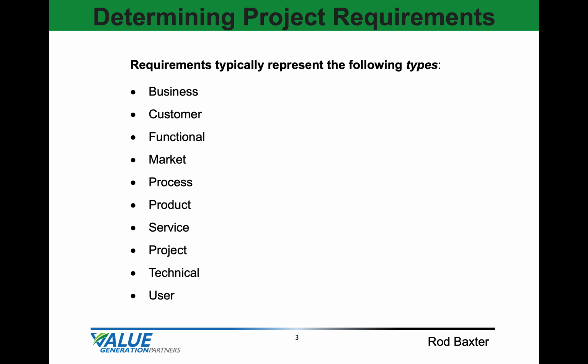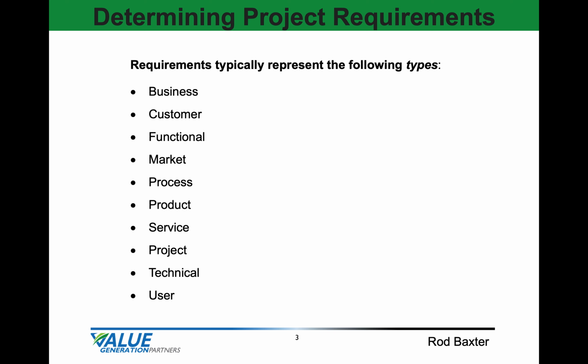Business requirements are those intended to support achievement of business goals or strategies. Customer requirements are provided by and specific to the customer. Functional requirements are specific to the functionality of the process, product, or service, and market requirements are included to achieve specific market needs.